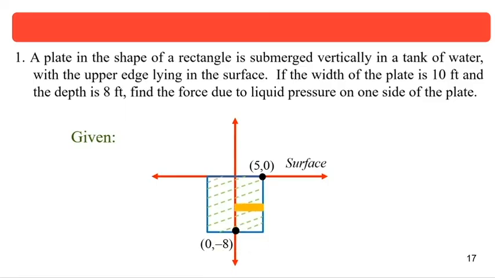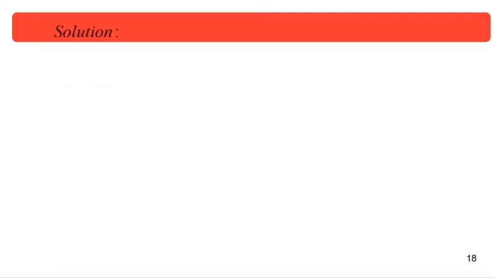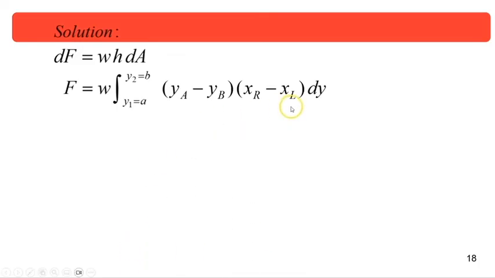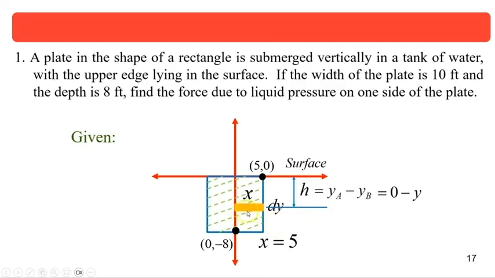So it's submerged. The representative element here was stated to be this orange rectangle. It has a length x, any x value, and then it has a height or depth h. The thickness is dy. So height is 0 minus y, just like my examples earlier. And then for the solution, since the length is constant at 10 feet, we take half of it.